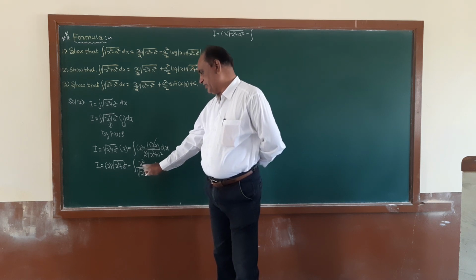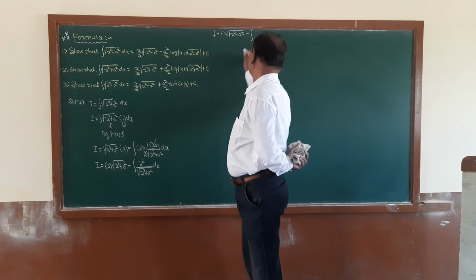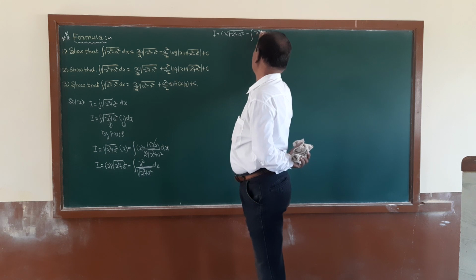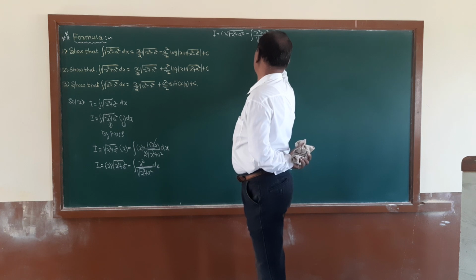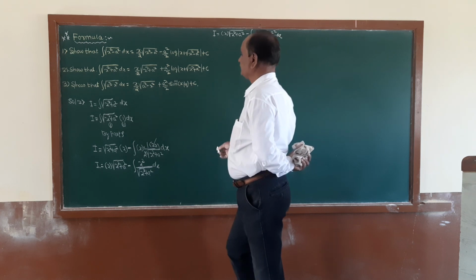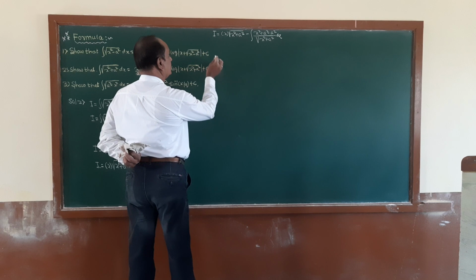For the numerator, make an arrangement: add a square to x square and subtract a square, that is x square plus a square minus a square, divided by the square root of x square plus a square into dx. Again you have to write in the simplest form.